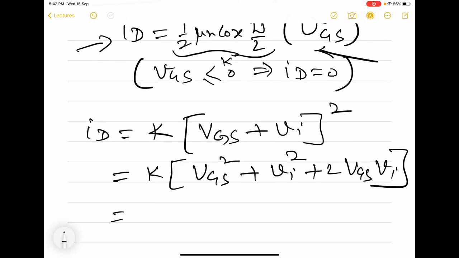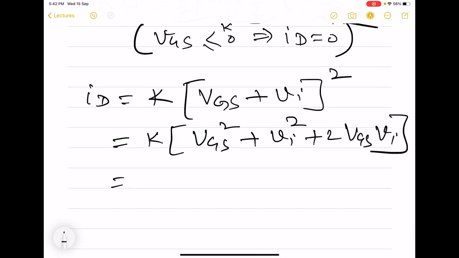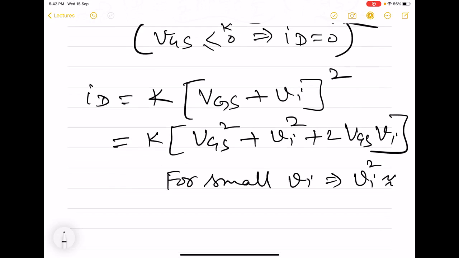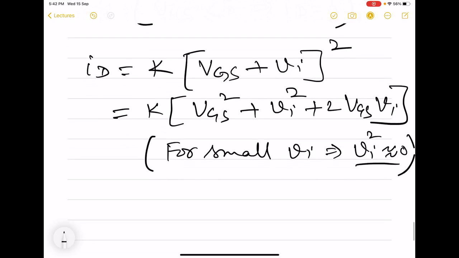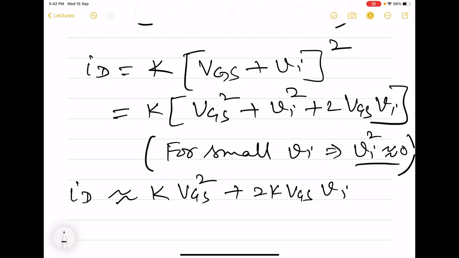Now, if we have a small input, so if VI is small, VI square is going to be even smaller, and this can be neglected. So this will lead to total drain current as K into VGS square plus 2K VGS into VI.